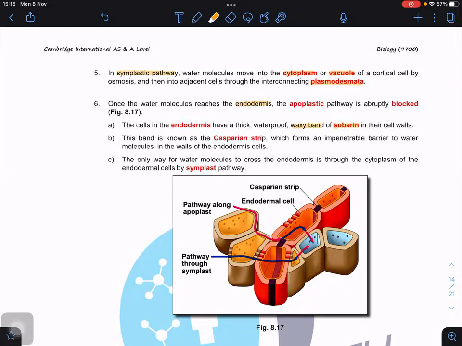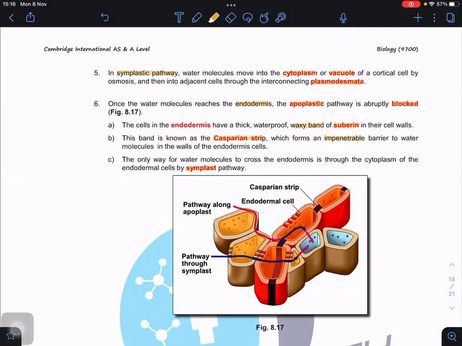Are you clear? So you can imagine this suberin forms these Casparian strips. This suberin actually forms a band, so this band is called the Casparian strip, which forms an impenetrable barrier to the water molecule. So the apoplastic pathway now is blocked. Only the symplastic pathway is allowed. Are you clear?